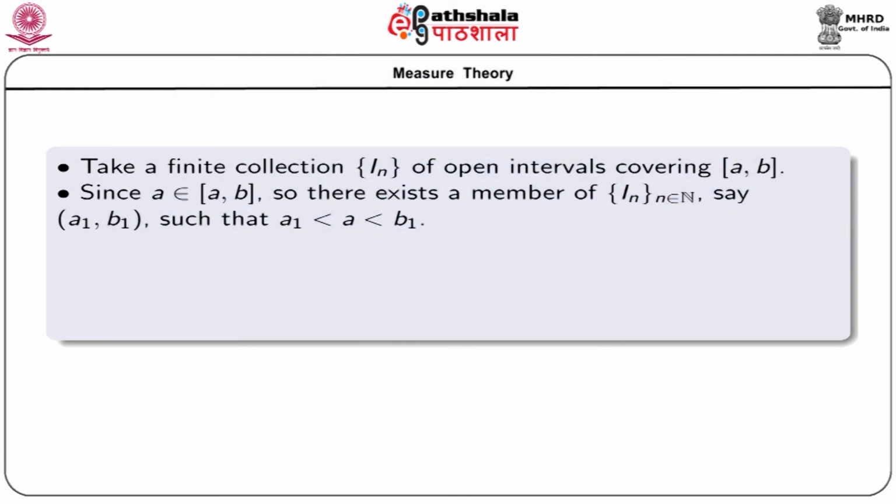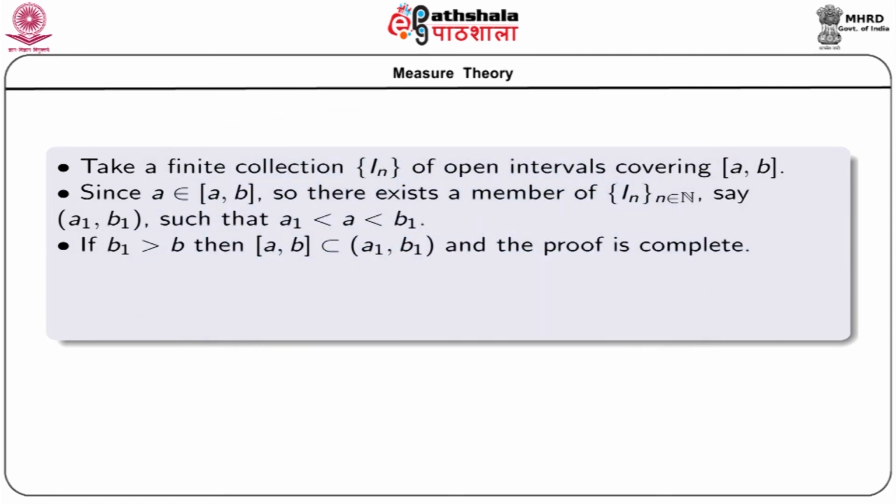We start with the left end point of the interval, that is a. Now, since the collection I n covers closed interval a b, there must exist a member of this collection, say a1 b1, which contains the point a, that is a1 is less than a is less than b1. Now, see, there are two situations which can arise.